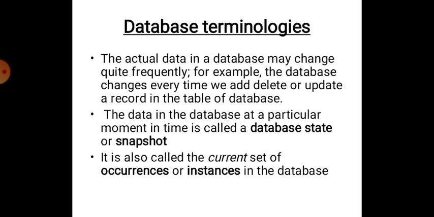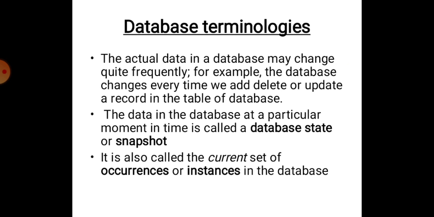Database terminologies. The actual data in a database may change quite frequently. For example, the database changes every time we add, delete or update a record in the table of the database. Students, consider a database where you have a student table. The student table has a number of records pertaining to each individual student.